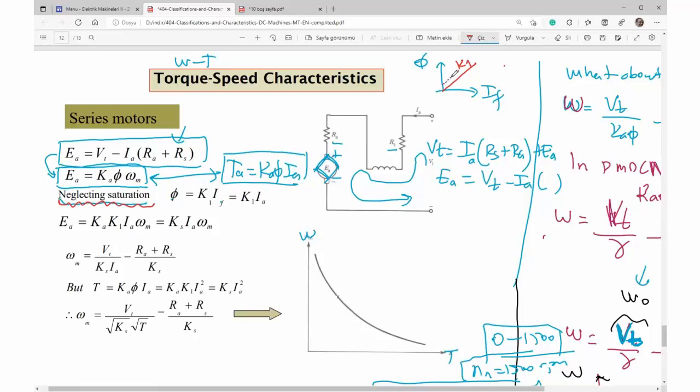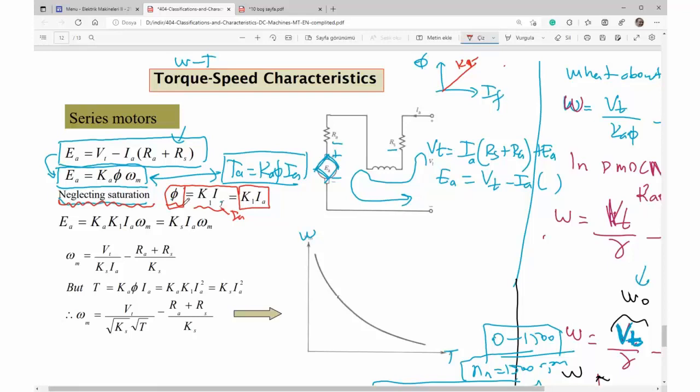In fact, it would be here if you did not neglect phi r, but the equation will be much more complicated, so that is not required right now. Understanding the basic principles is important, so we make some simplifications. Flux can be written as K1 times field current. Field current is equal to armature current, so that is the linear relation.